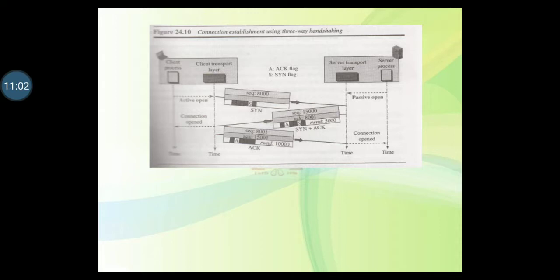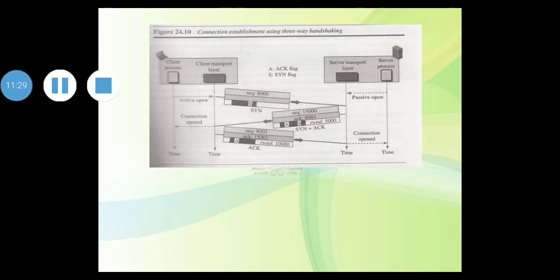TCP uses the services of IP, which is a connectionless protocol, yet it can be connection oriented. The point is that a TCP connection is logical, not physical. TCP operates at a higher level.